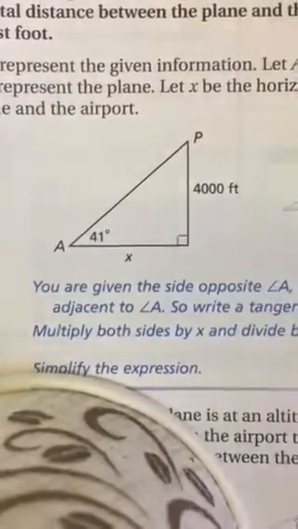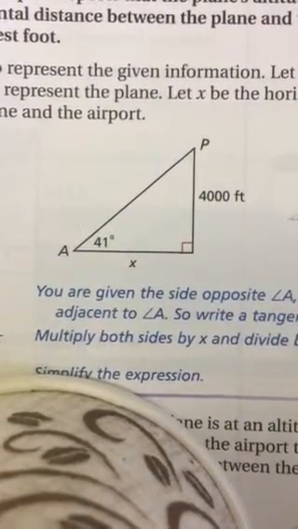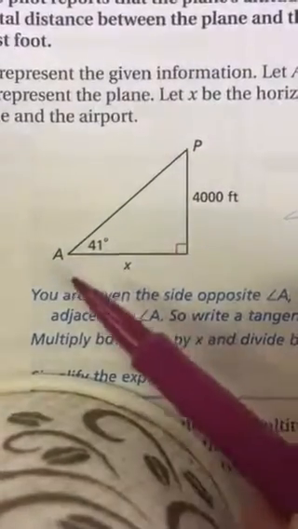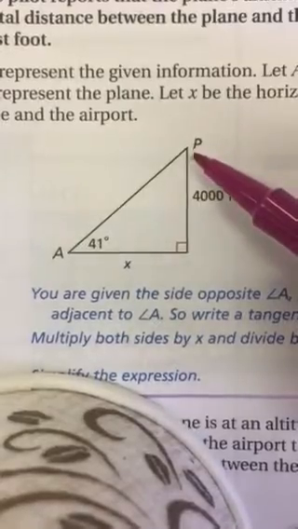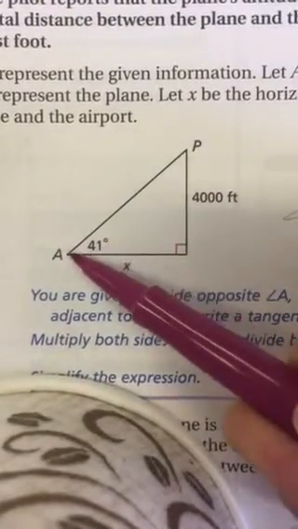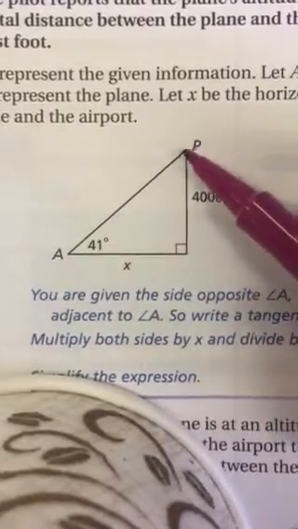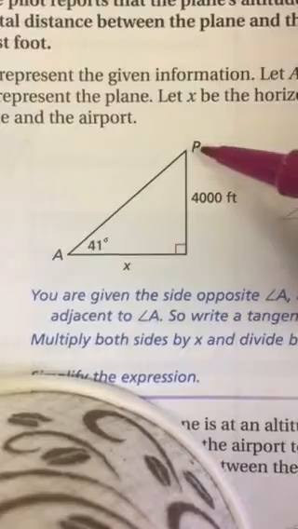You look at the diagram. An air traffic controller at an airport sights a plane at an angle of elevation of 41 degrees. So here's the person, the air traffic controller at the airport. Here's the plane, and the angle of elevation is 41 degrees. Here's the horizontal line, here's the line of sight looking upward. The pilot reports that the plane's altitude is 4,000 feet.